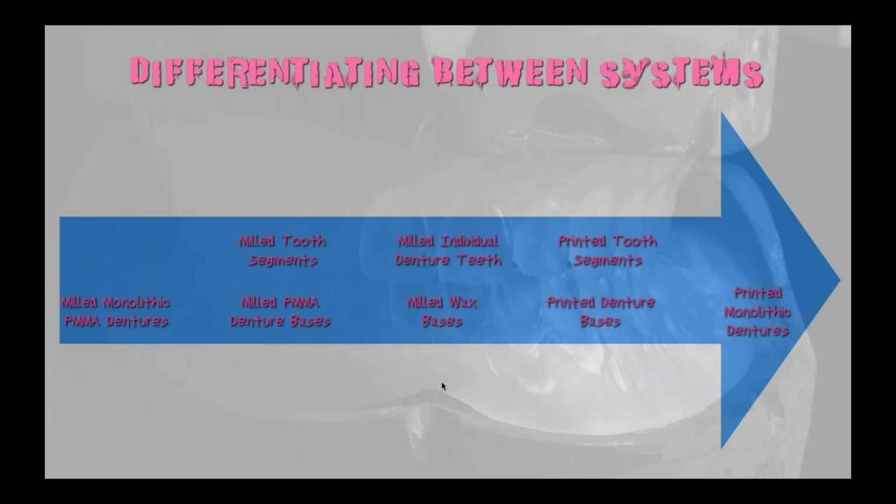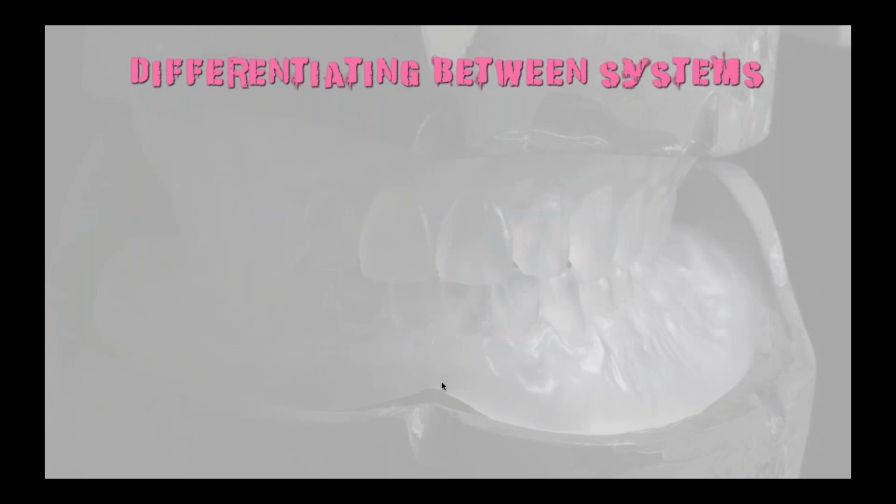Or what we can do as well, especially for immediate or planning stages, we can print the whole denture in one piece and apply something pink to the gingiva, either composite or pink acrylic, it depends. So these are different ways to go into digital denture production or fabrication.